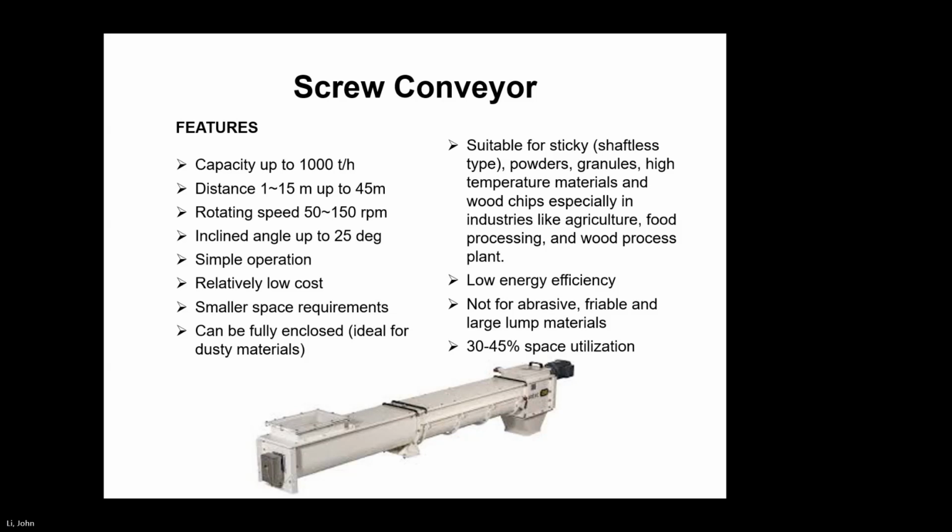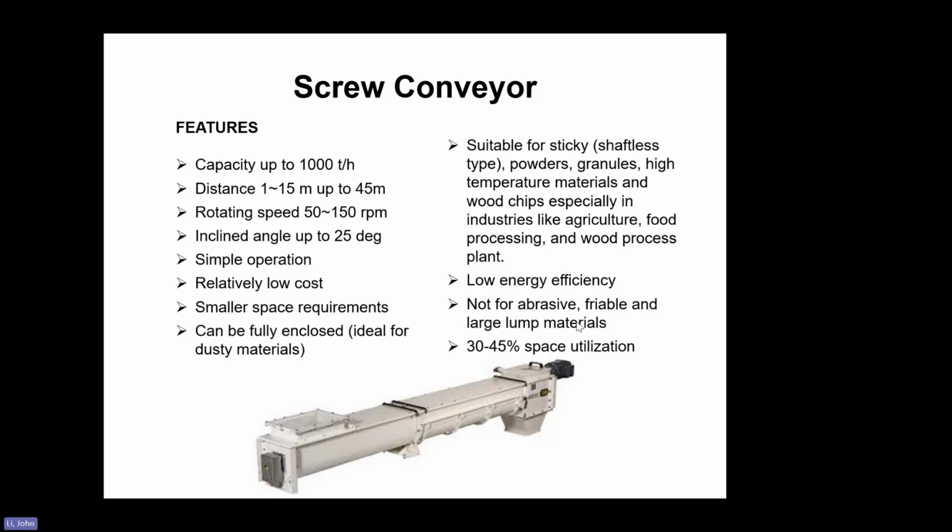So in that case, the problem will be wear of the trough, the blades and the shaft. So it is not suitable for abrasive materials, friable materials, which will be degraded or broken, and large lump materials.